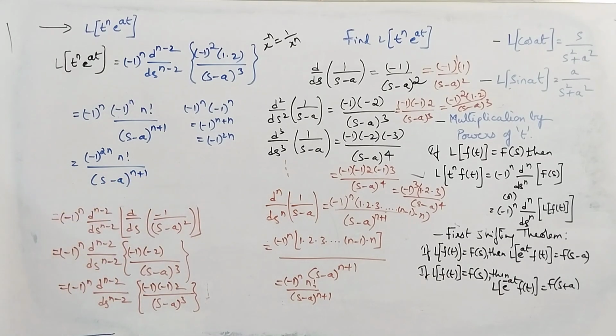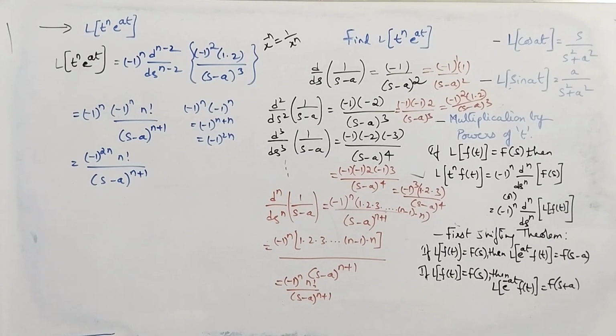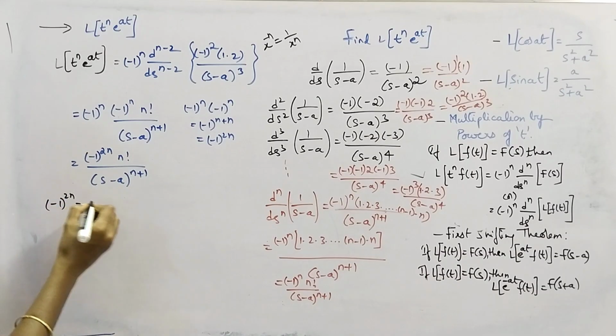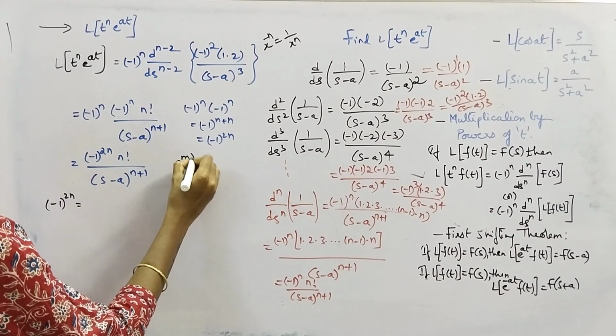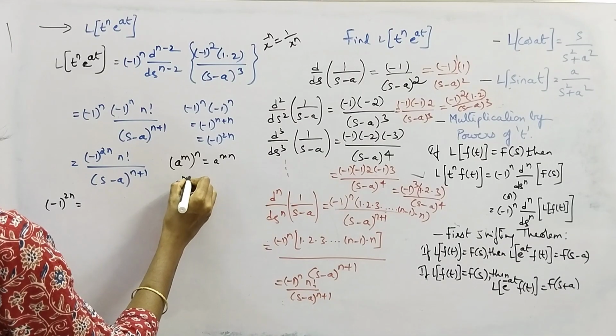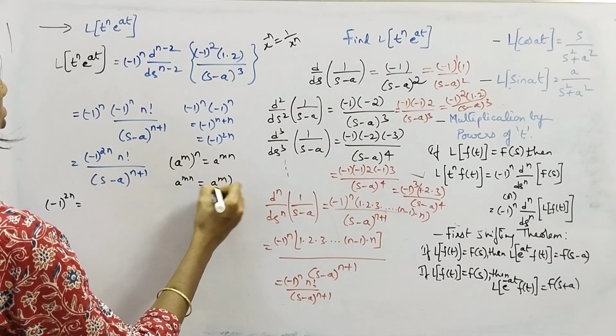So you need to know the value of minus 1 power 2n. Let's see. We know that a power m whole power n equals a power m into n, or we can write the same thing as a power m into n equals (a power m) whole power n.